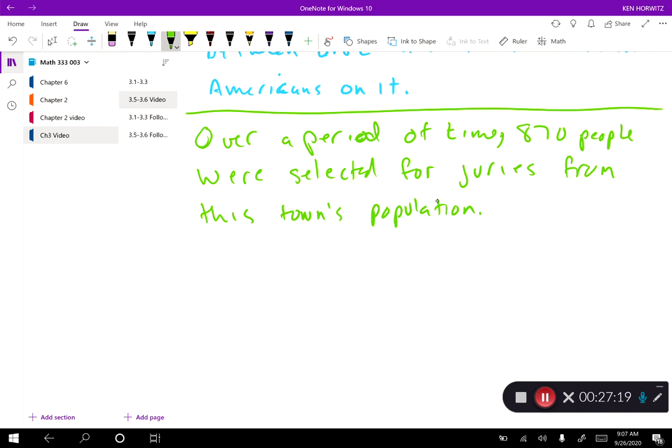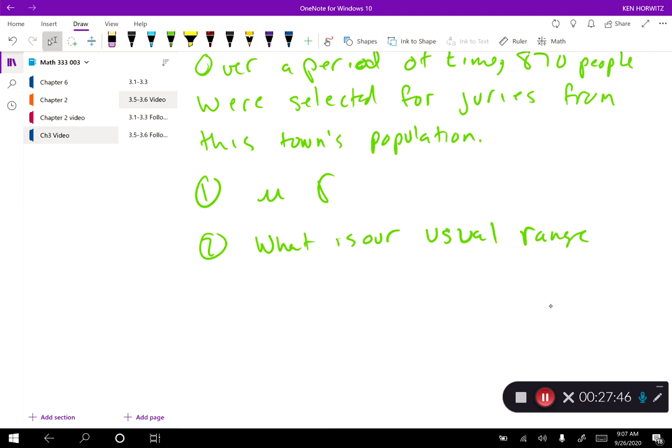All right, so the first thing I want to do is find out what is mu, what is our mean, and what is our standard deviation. Second thing is, what is our usual range? And now we have a definition on usual, so we can use within two standard deviations.